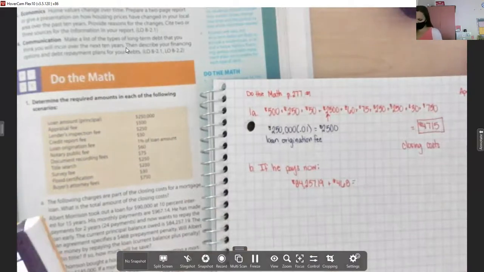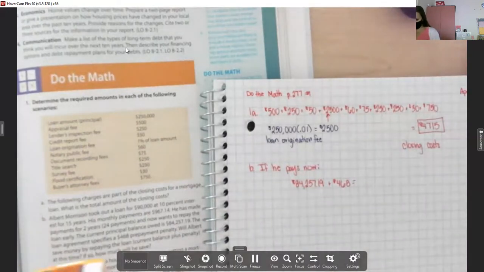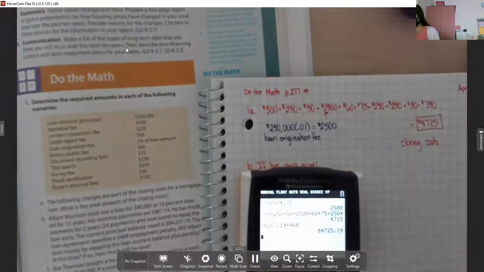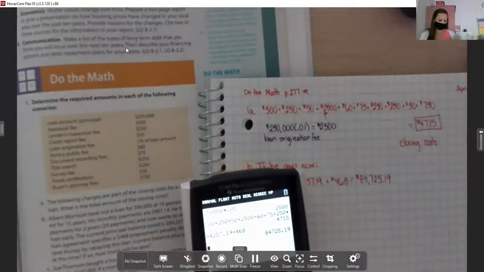Oops, sorry, typed that wrong. So if he pays it off right now, he's going to pay $84,725.19. So that's if he pays right now. We want to know how much would that save him.